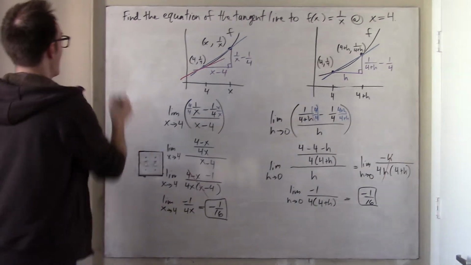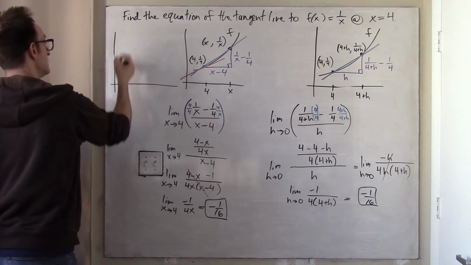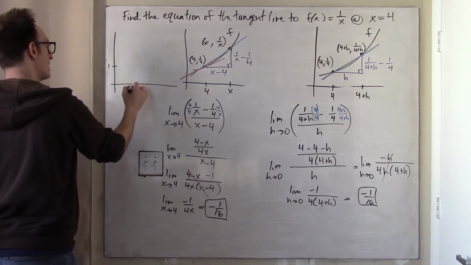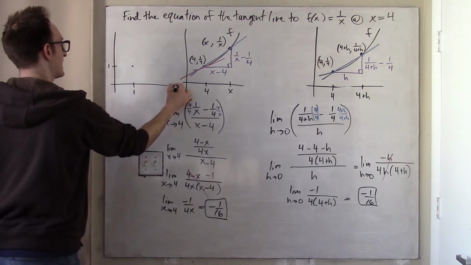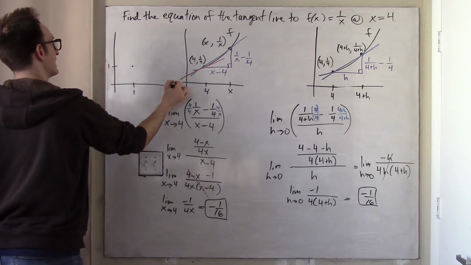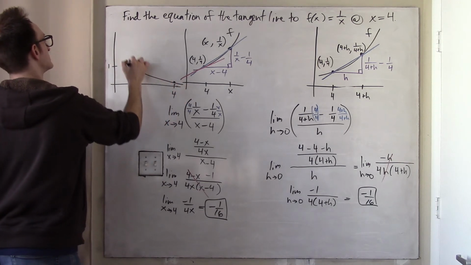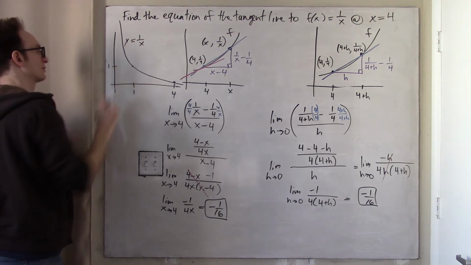Let's just make an accurate graph now and take a look at it. So let's see, that's 1, 1, and by the time I get out here to 4, I am all the way down here at 1/4. And so I have something that looks like that. This is my curve, y equals 1 over x.